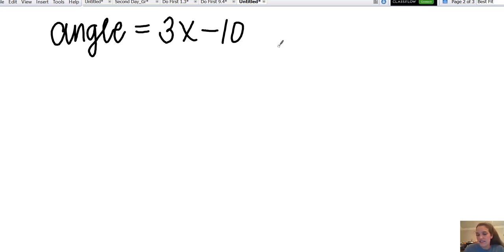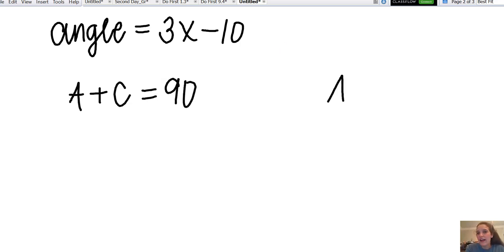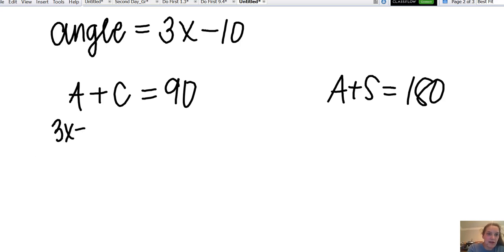Same two equations: our angle plus its complement should equal 90, and our angle plus its supplement should equal 180. Instead of A, I'm going to substitute this expression, 3x minus 10, in place of my angle, plus my complement equals 90.